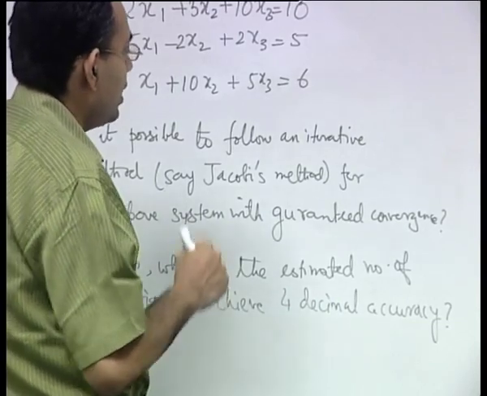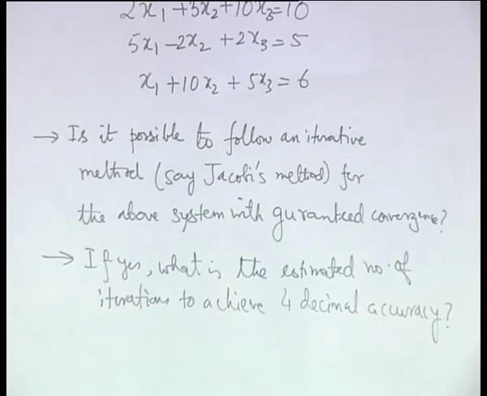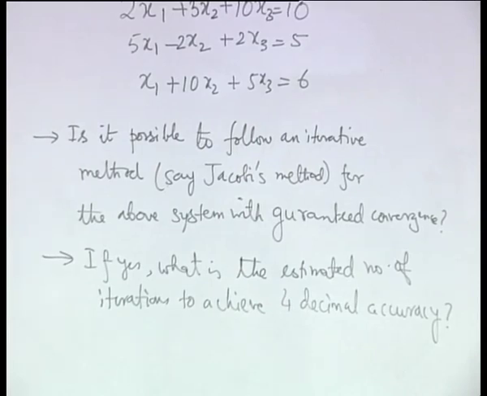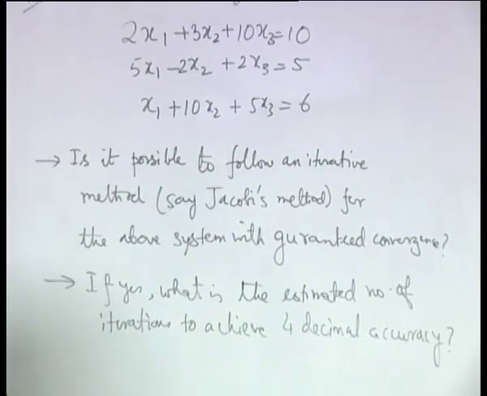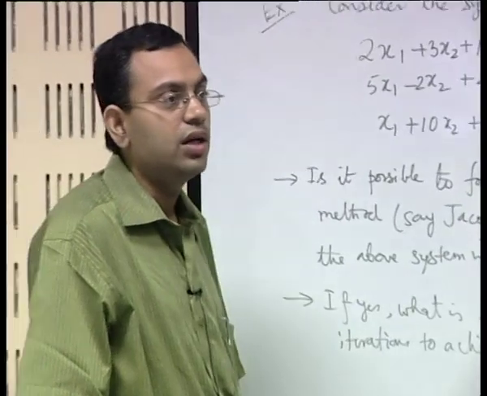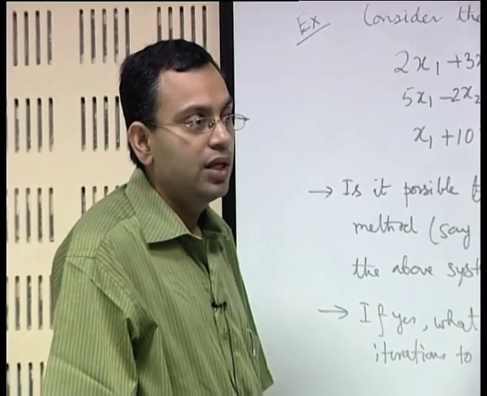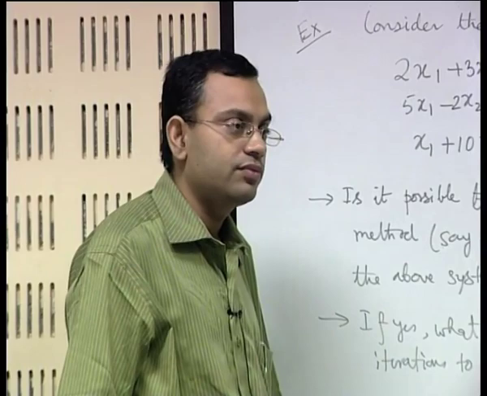Now, what is the first thing that we should look for before assessing the method in more detail? Whether it satisfies the sufficient condition for convergence. Then the question comes, what is the rate of convergence and all those things. So, to assess whether it satisfies the sufficient condition for convergence, we have to assess the norm of M. Essentially we can take as an example a row sum or a column sum norm.